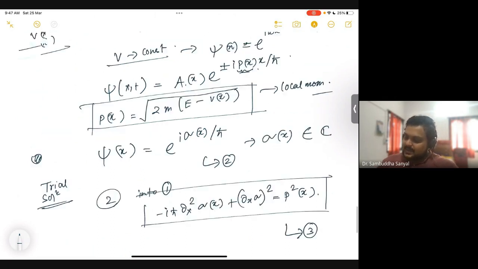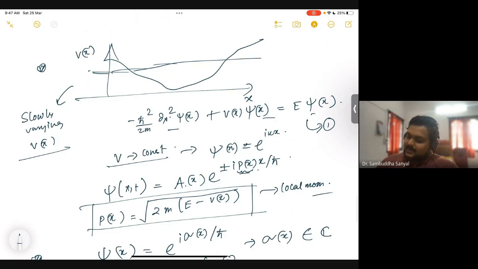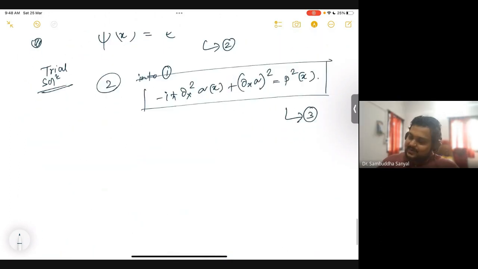So notice here you might be wondering, if I plug it back, where is the V, where is the E? But I use this equation to get rid of the V and E. So then what I'll get is basically this p of x squared. So what did I do so far? I did nothing. I just used a trial solution and converted my original Schrodinger equation, which was a differential equation of psi of x.